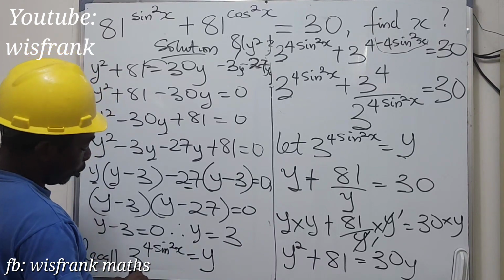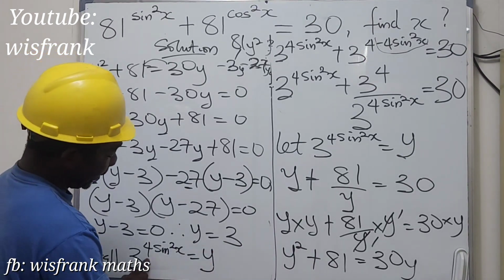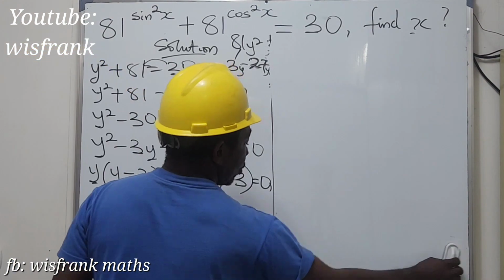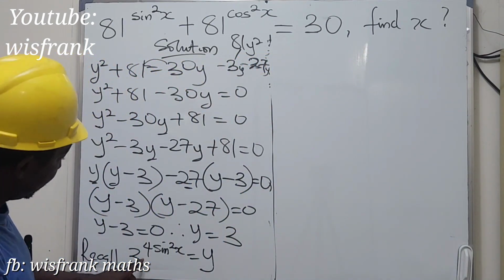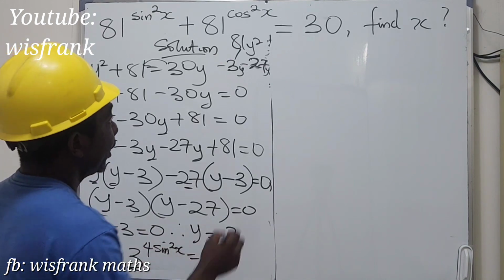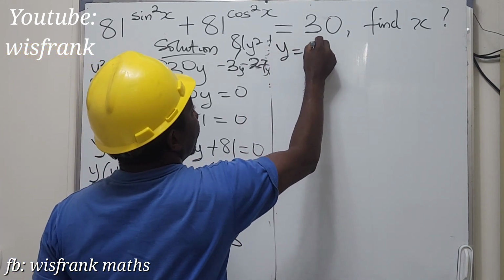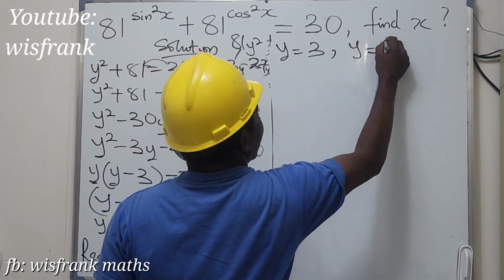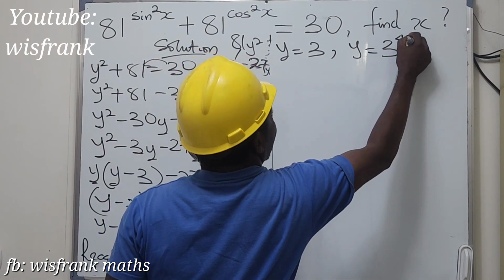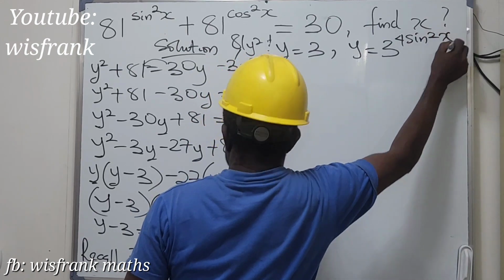So we are going to substitute the value of y as 3 in this expression. We need to clean this for a clearer view. So y equals 3, and also y equals 3 raised to the power of 4 sin squared x.